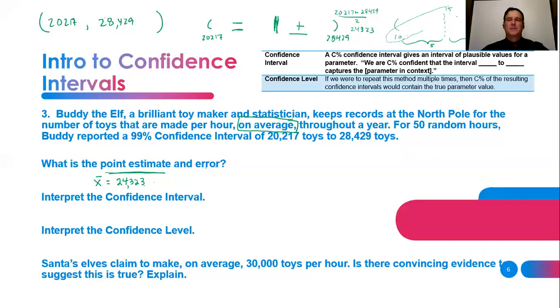I'd have to do the same thing here to find the error. I would take your boundary of 28,429 and subtract the point estimate, the item in the middle, which you just found, 24,323. When you do that, you get 4106, and that is our error.